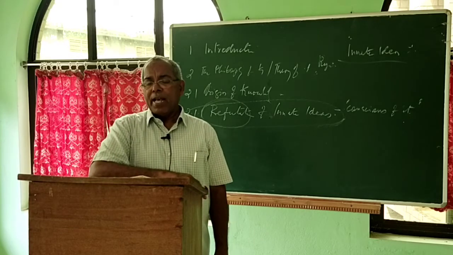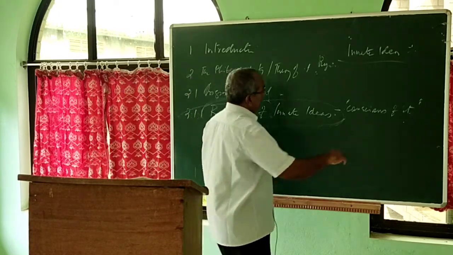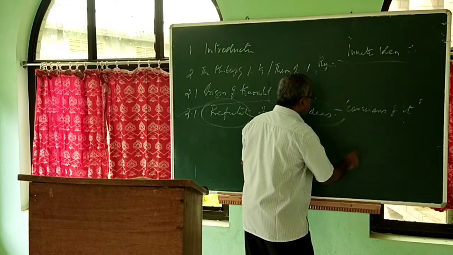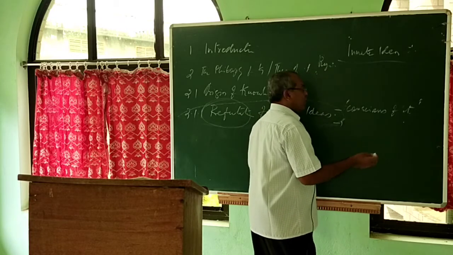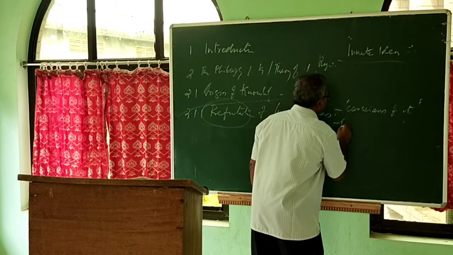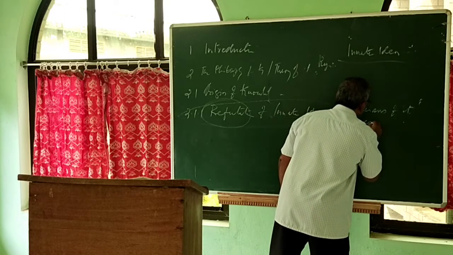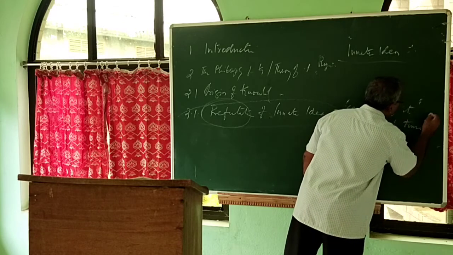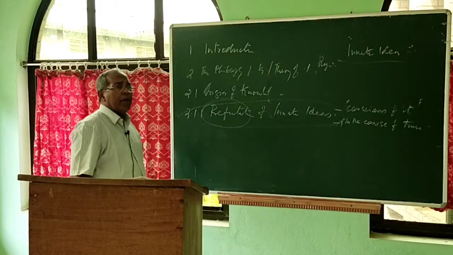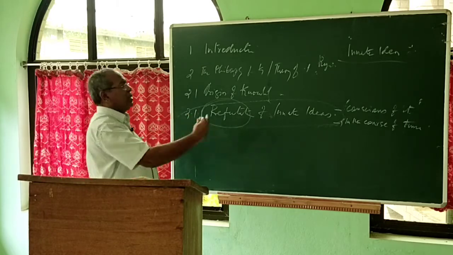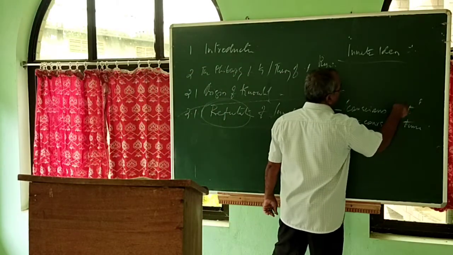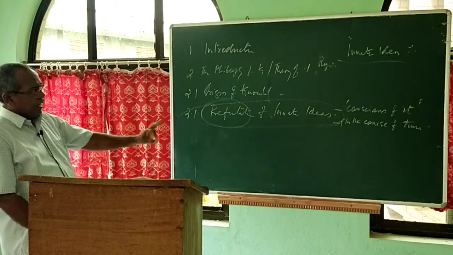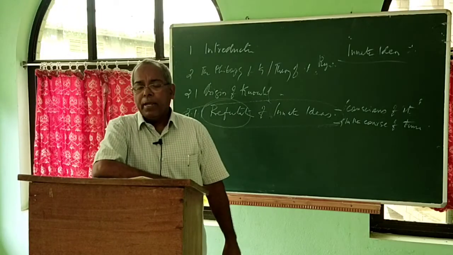He says we acquire ideas in the course of time. During the unfolding of one's life, you come to know knowledge. Ideas are not innate in you. That is the one position held by him.